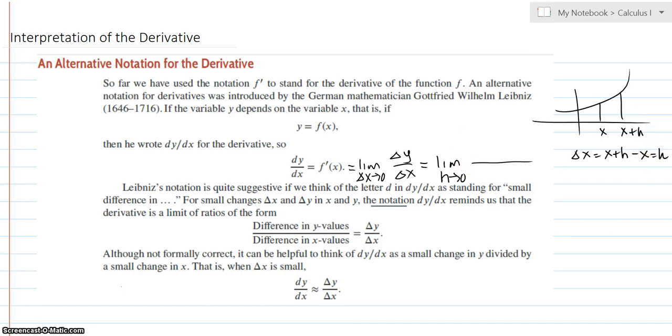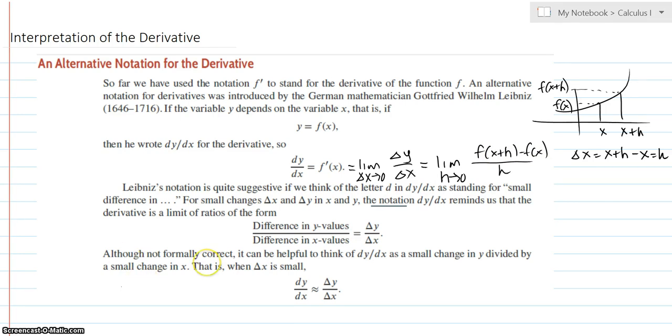And so there's an h in the bottom there. And then this right now we know is f of x. The y value for this one is just f of x plus h. So if I take y2 minus y1, I would get f of x plus h minus f of x, which is the formula in the textbook.